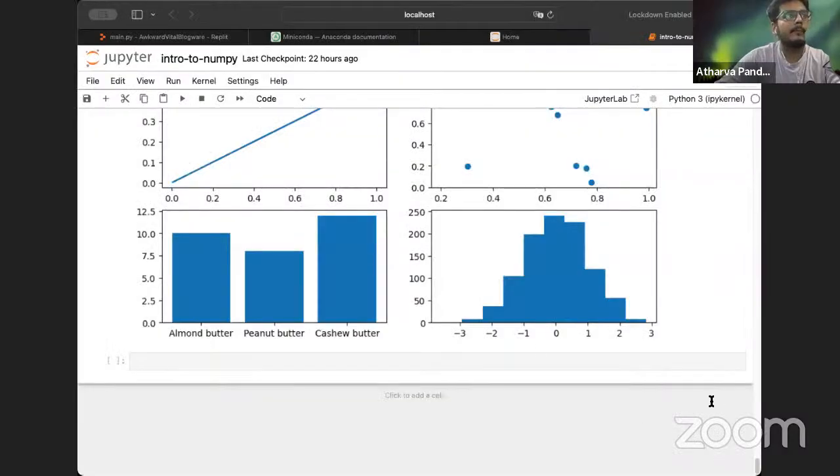Let me start sharing my screen. Is my screen visible to everyone? Yes, no, yes, no. Okay, since my screen is visible to most people, I will assume it's fine.